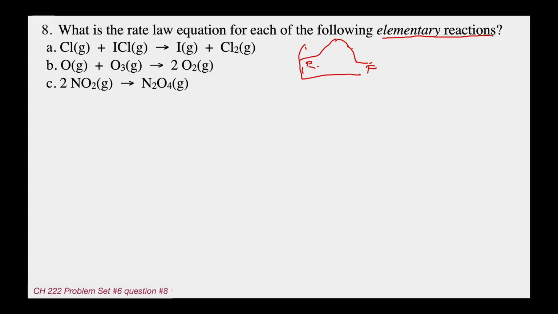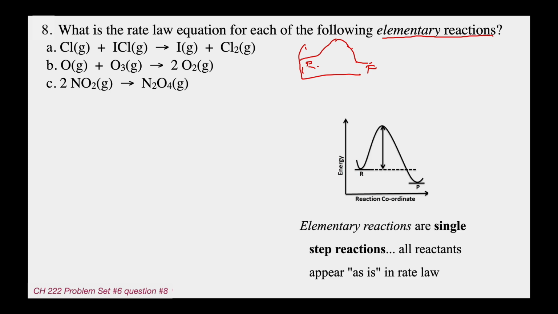And if you have an elementary reaction, then all of the reactants will appear in the rate law. So first of all, elementary reactions are just single step reactions, and all reactants appear as they are in the rate law. So for A, rate would equal k times Cl times ICl to the first power.